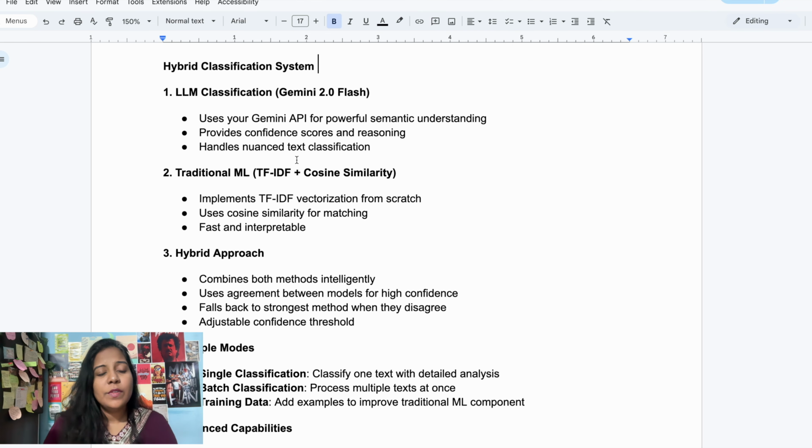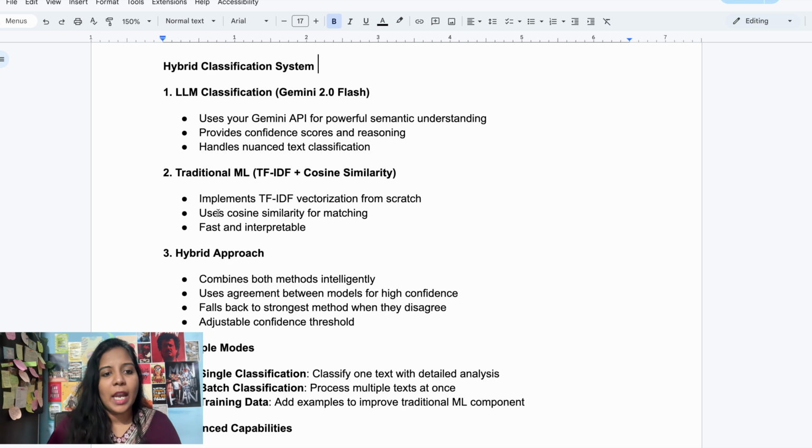So the key features in this application: with LLM classification, I use my Gemini API key to provide the confidence score and reasoning, and it handles the text and nuances, in the sense that it ignores the junk words and calculates the score.